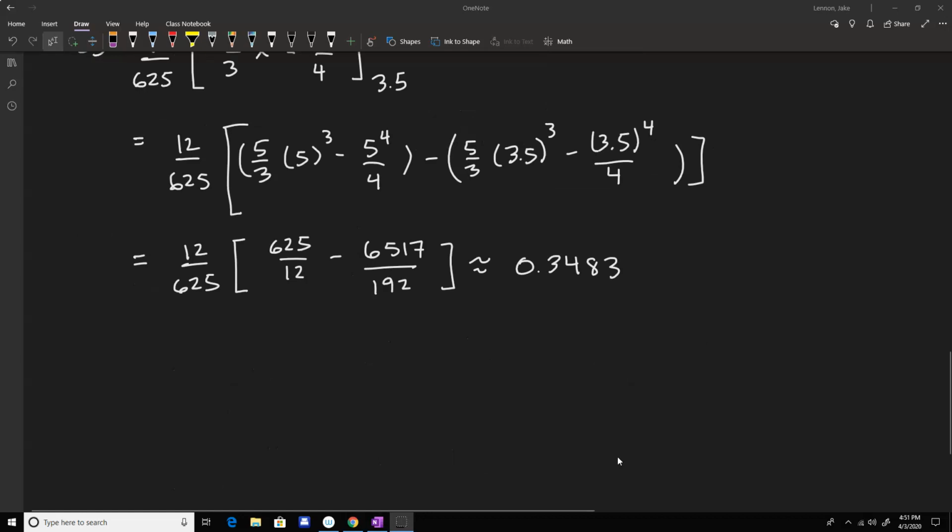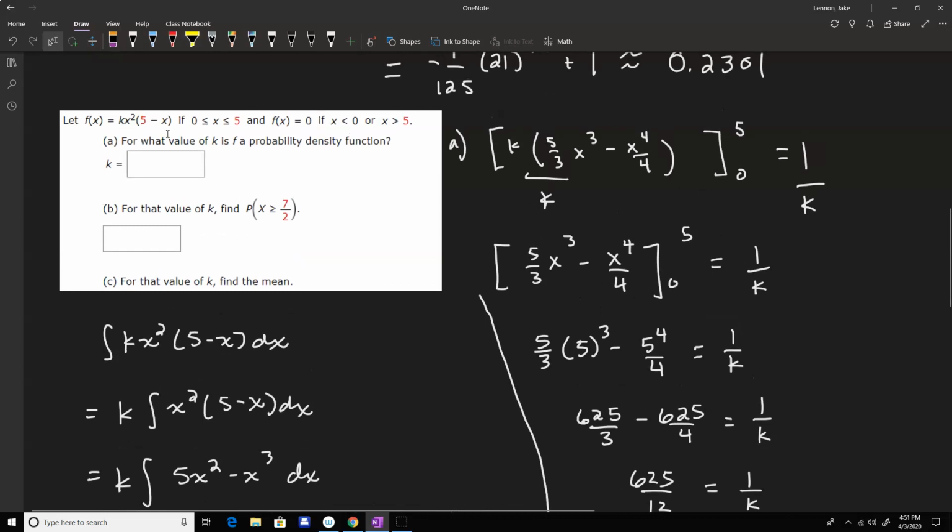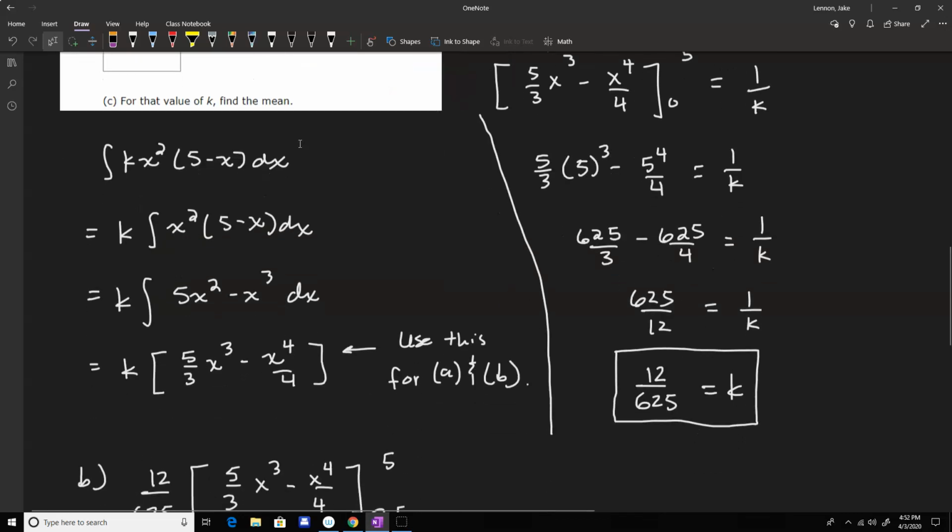All right, so for part C here, we want to find the mean of this probability density function. So the mean, remember, you just multiply your original function f of x by x and then integrate over the domain, so from 0 to 5.